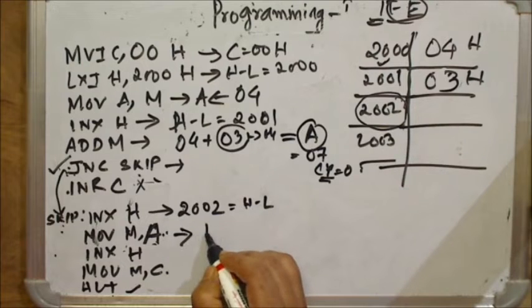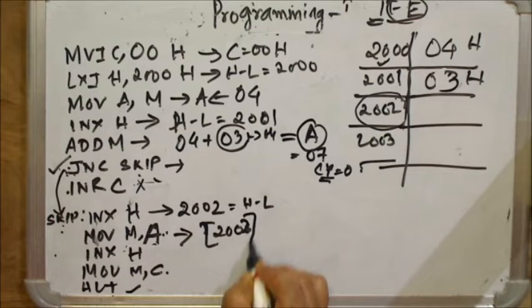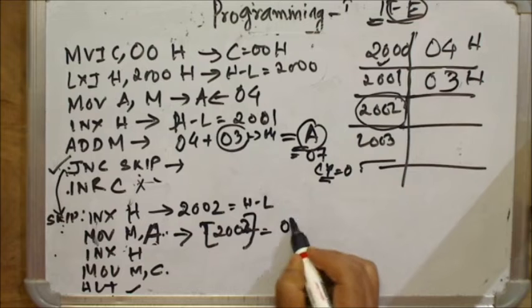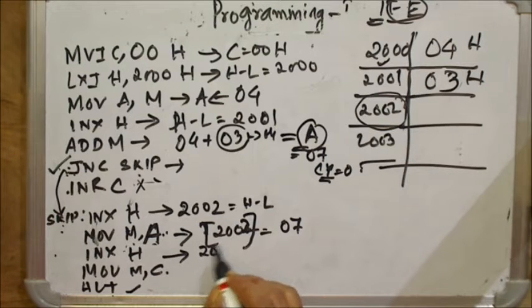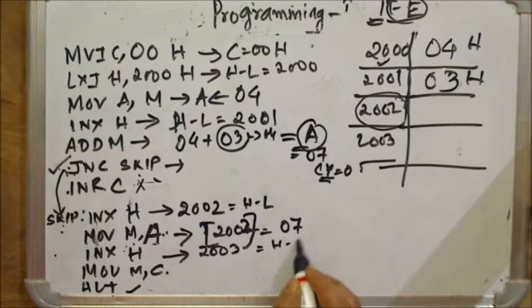So in the memory location 2002, what will be stored? The content of A. What is the content of A? 07. Okay. So this will get stored in memory location 2002. Okay, and again INX H. So HL pair will be incremented to 2003.